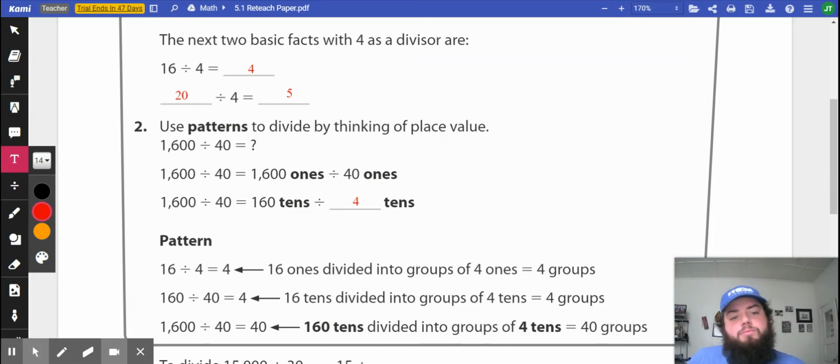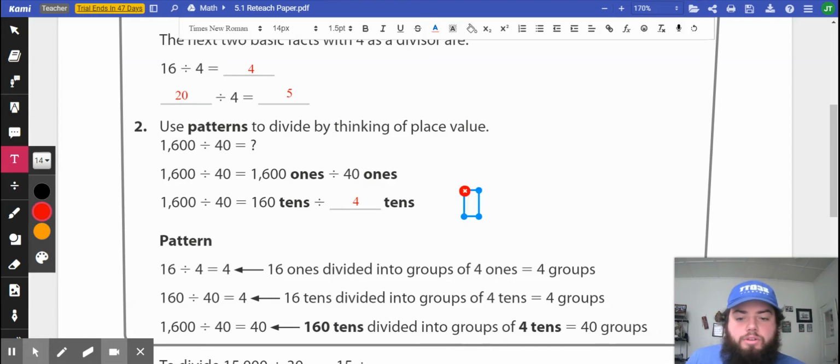If you want to think about it in terms of multiplication, if you did 40 groups times 4 tens, you would have 160 tens, or 1,600 ones. So don't let the ones and tens trip you up. If you have to, you can think about it like I said: 1,600, you have that decimal point, and you just move that decimal point to here.